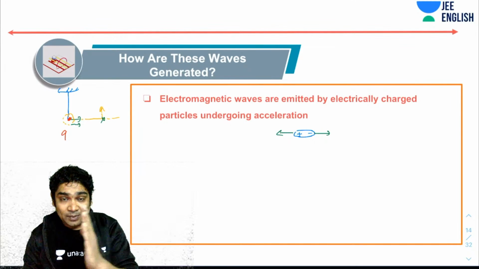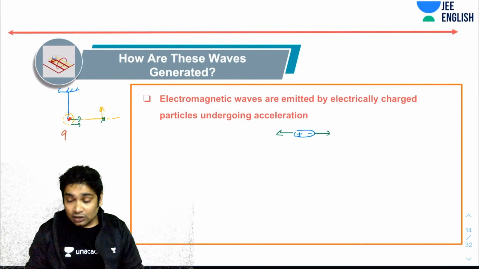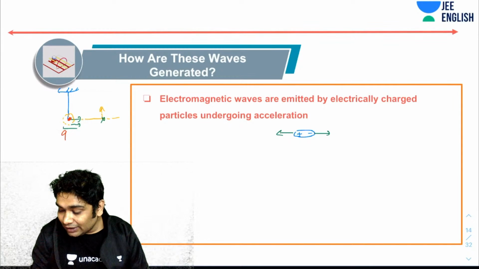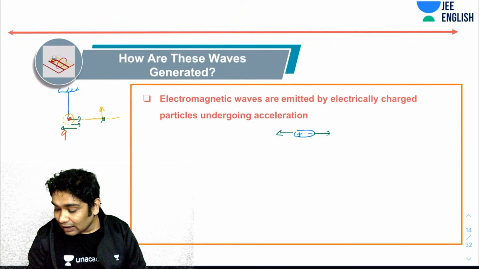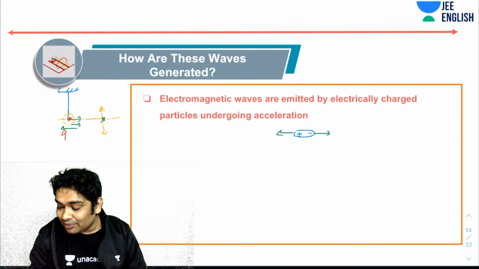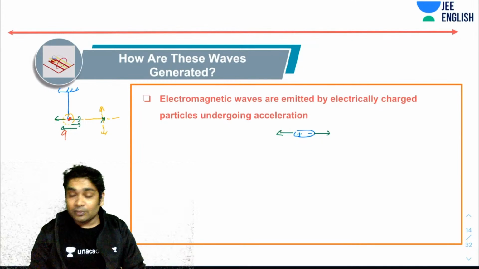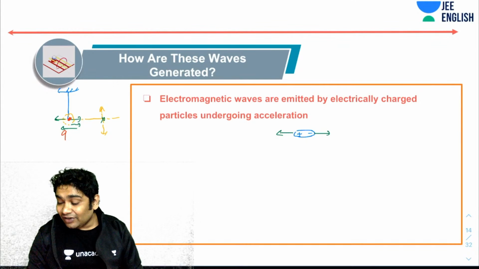So when the charged particle comes closer, the magnitude of the electric field goes up. Next, if you take it back, then you will realize that the electric field will start to go down. And when it is at its other extreme in oscillation, the electric field would be minimum.